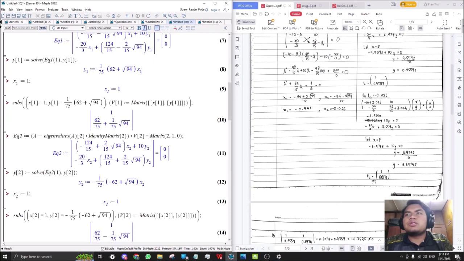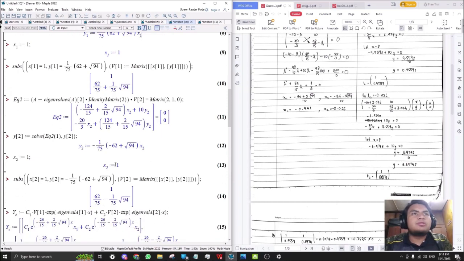From the manual calculation we get v2 as 1 over 0.6974. From here we get s2 at 1 and y2 is this equation. So we check the number, if it is 2 or not. Okay, so we get the number just the same with the manual and also for the simulation.